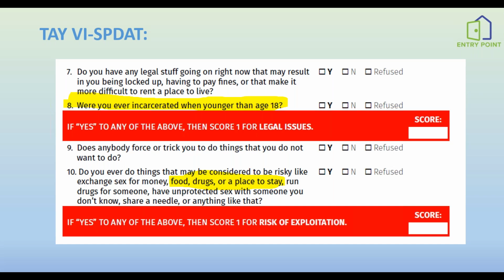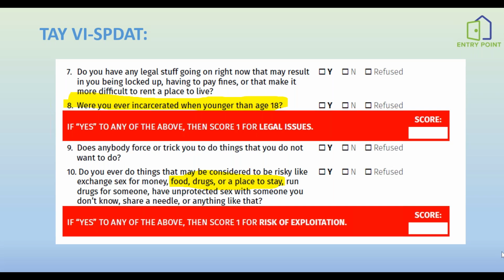And one of those is having been involved in the criminal justice system before age 18. So statistically, if someone has had that involvement, they're more likely in the future to become homeless, to stay homeless longer, to have the most tragic outcomes of homelessness.